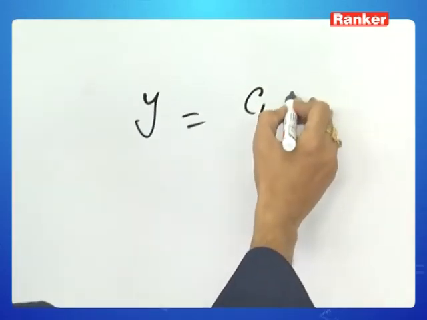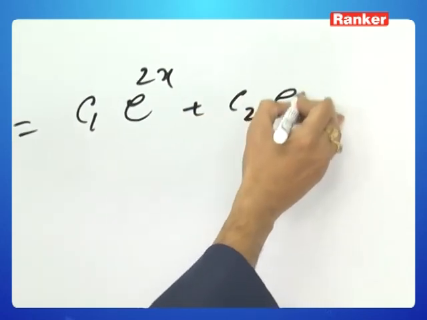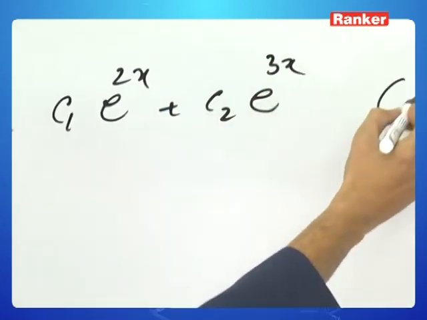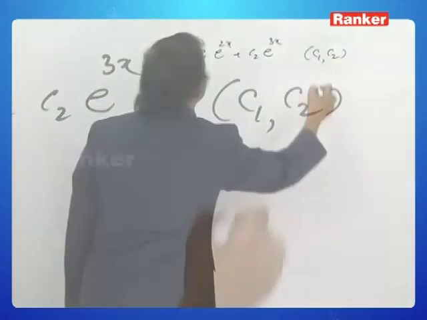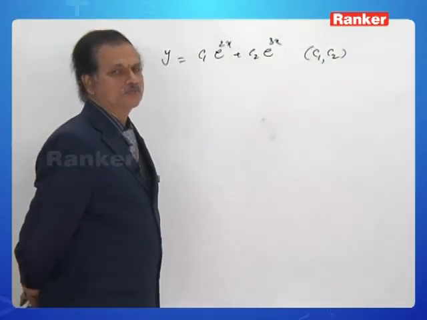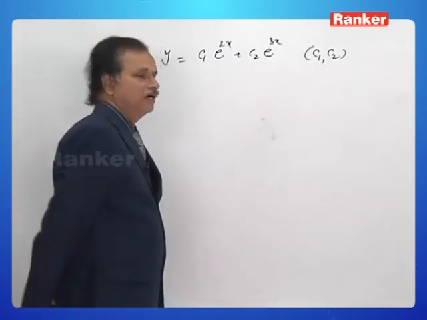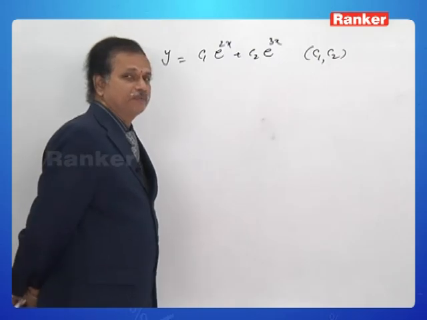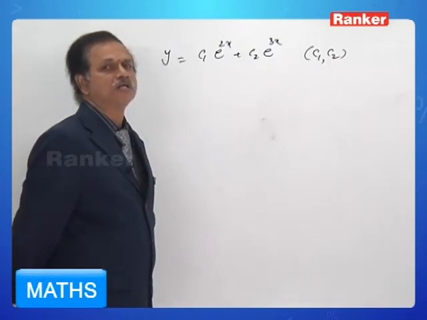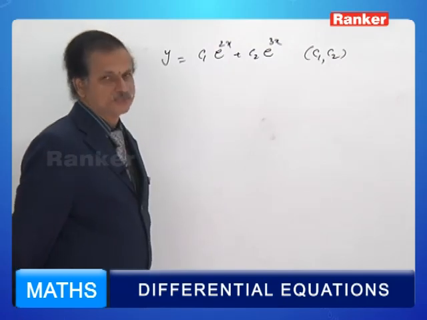y is equal to C1 into e power 2x plus C2 into e power 3x. You are supposed to eliminate C1 and C2. How many constants are supposed to be eliminated? 2 constants, C1 and C2.